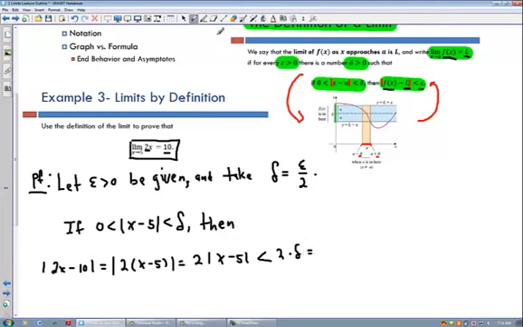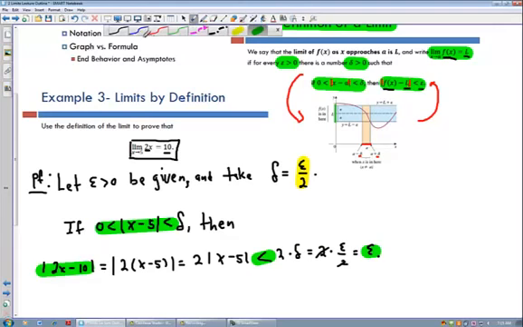Since delta is equal to epsilon over 2, this is equal to 2 times epsilon over 2, and the 2's cancel, and I get back epsilon, which is exactly what I wanted. So now I know that if I have this, then I have this: the absolute value of 2x minus 10 is less than epsilon.